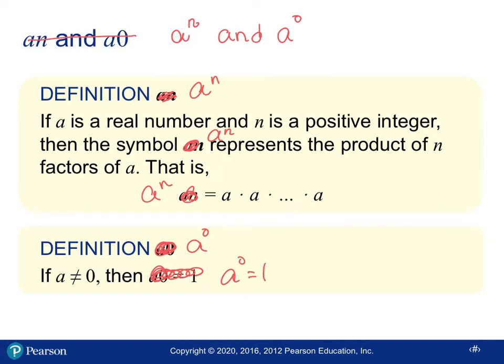Basically we're talking about exponents, right? So if a is raised to some number and n is a positive integer, you're going to be multiplying it by itself n times. So if this was 2, you would have a times a. If this was 5, you'd have a times a times a times a times a, and that's how you multiply it.